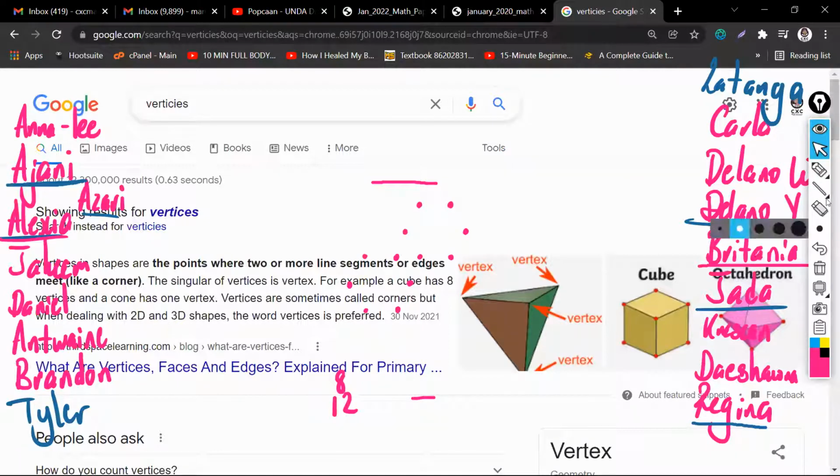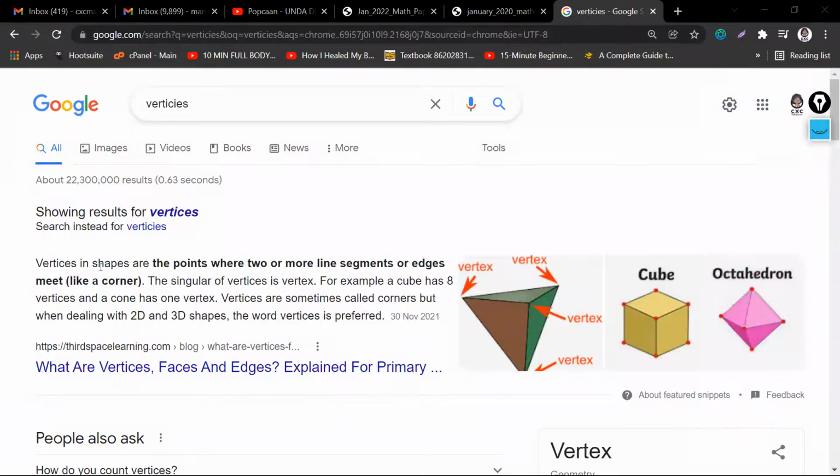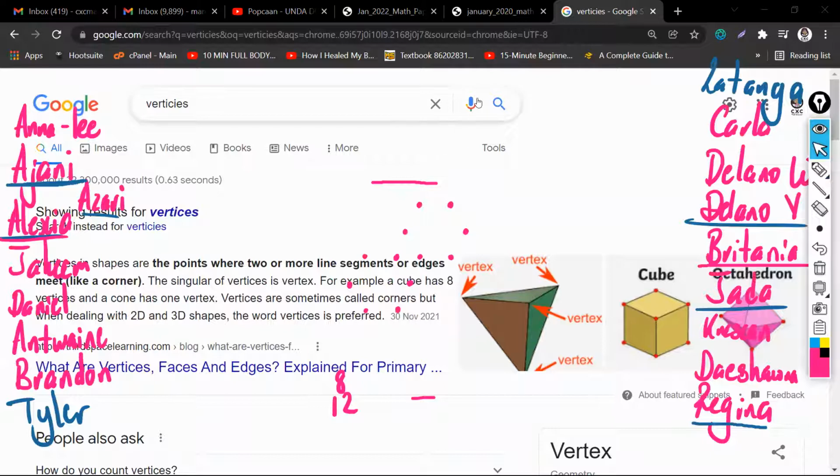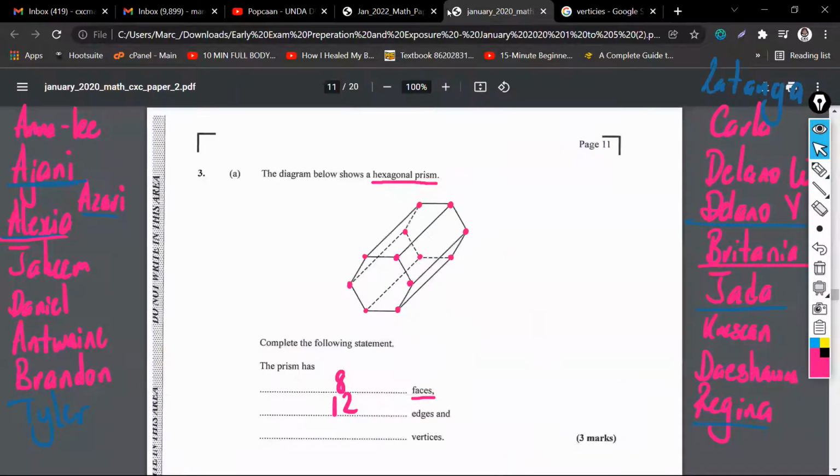All right, so this one says vertices in shapes are the points where 2 or more line segments or edges meet, like a corner, right? Okay, cool. Vertices are sometimes called corners. All right, so let's look at it now. So how many vertices do we have with this one now?